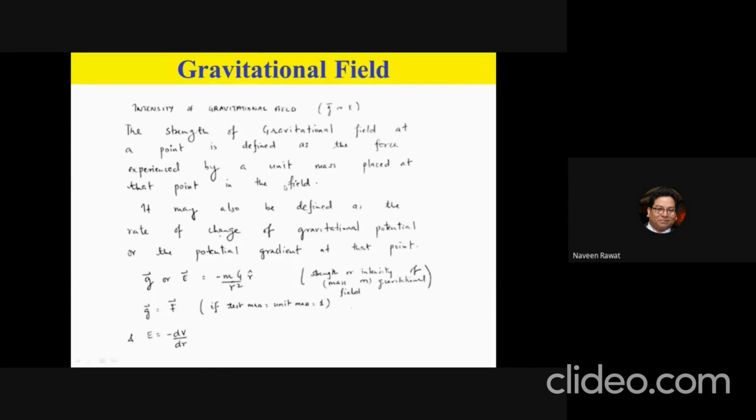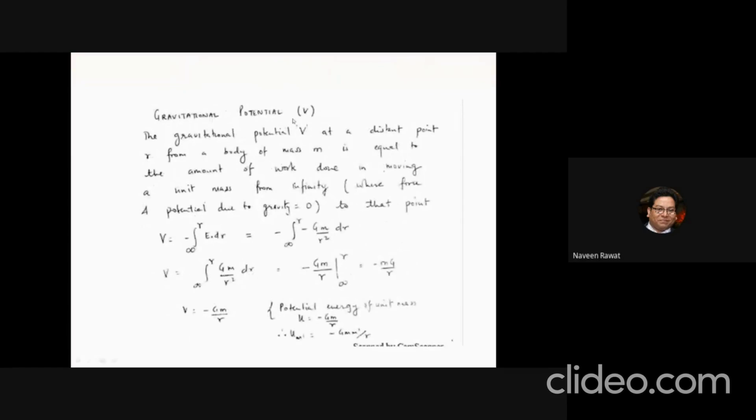Okay, and this field is given by this expression, so minus Gm/r². Here we are also going to define the term gravitational potential. And mind you, the gravitational potential is going to be different than your gravitational potential energy.